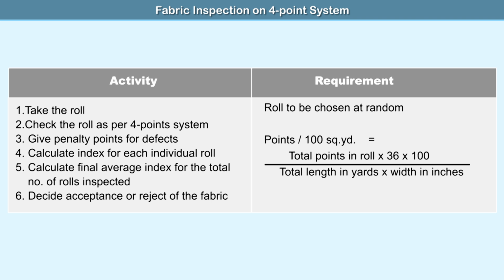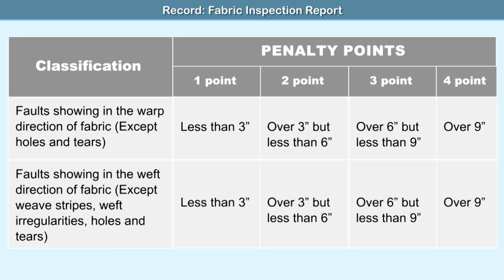The activity and requirement can be seen in the form of a table on the screen. Now the record is the fabric inspection report with classification and penalty points, as you can see on the screen.